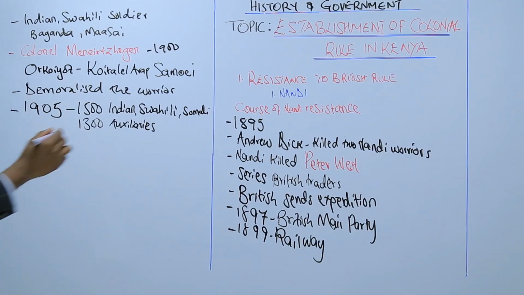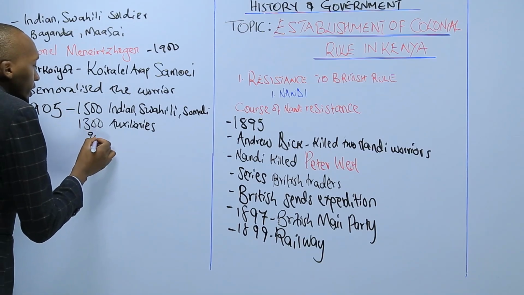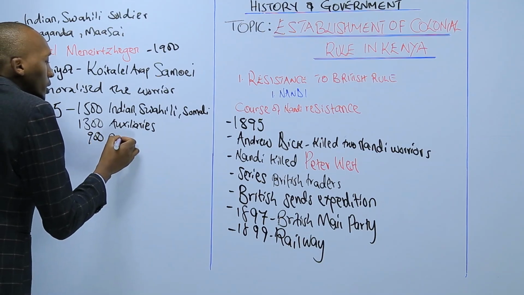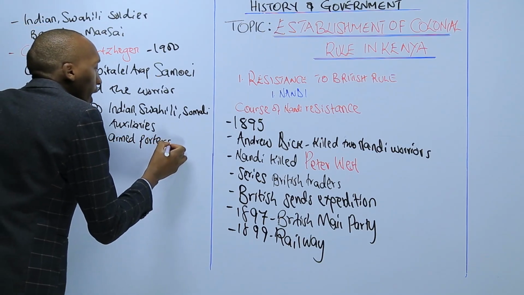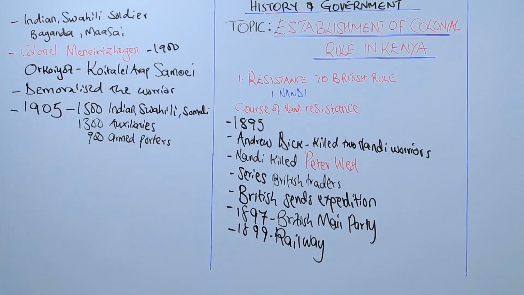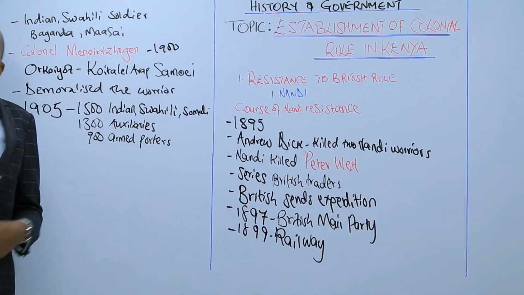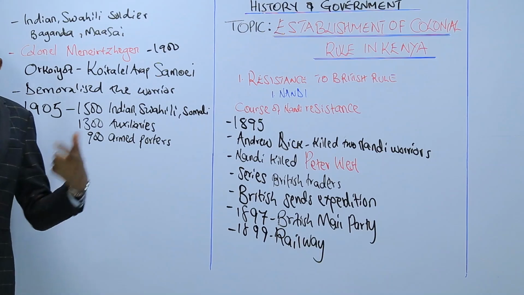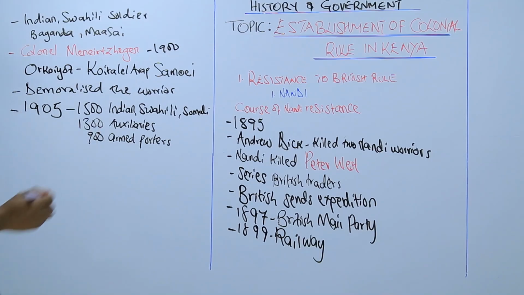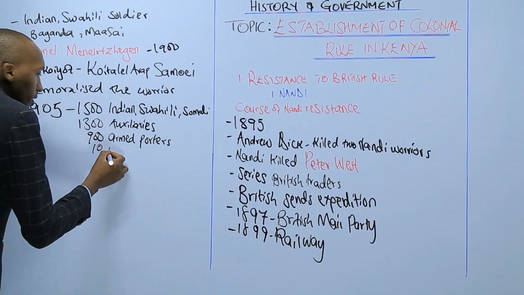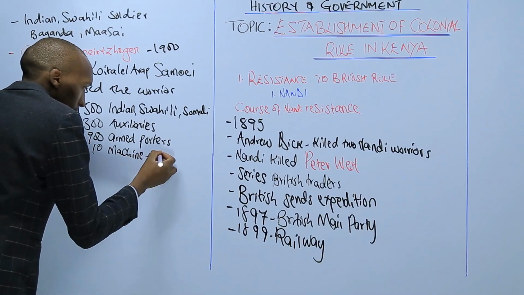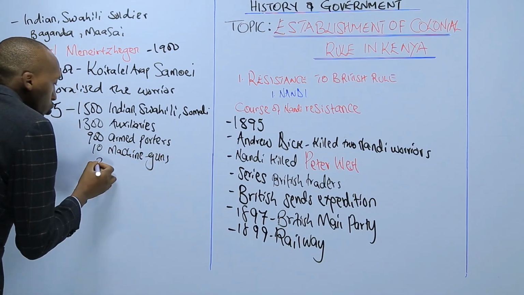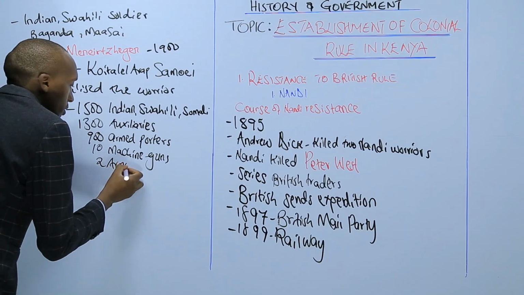Apart from that, they also armed 900 porters. These were the people who were carrying the trading items from the interior to the coast. So they armed them, and also they had 10 machine guns and 2 armored trains.